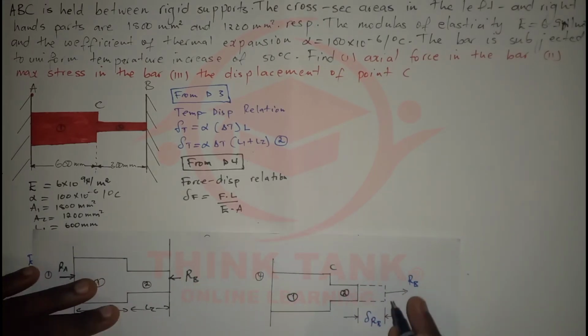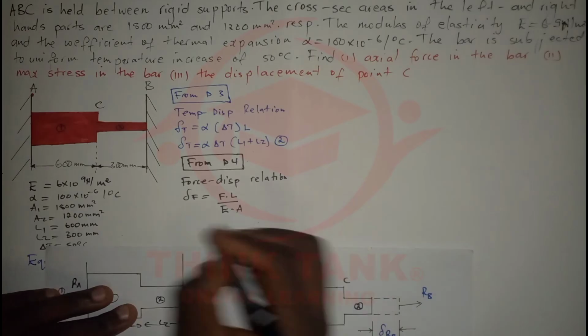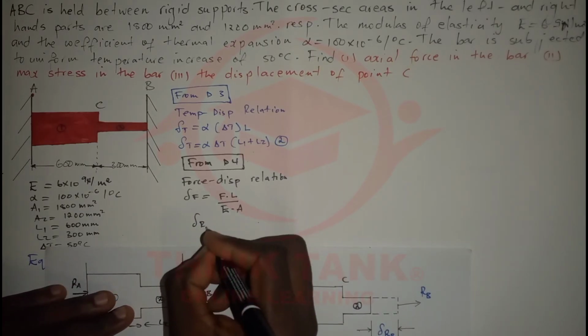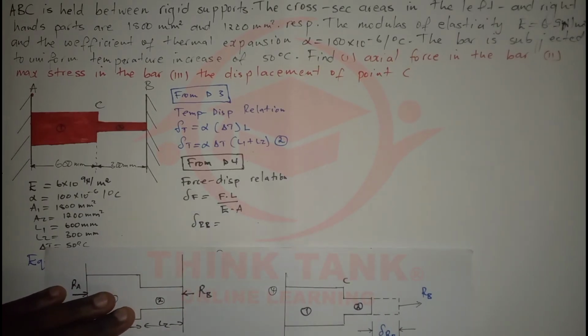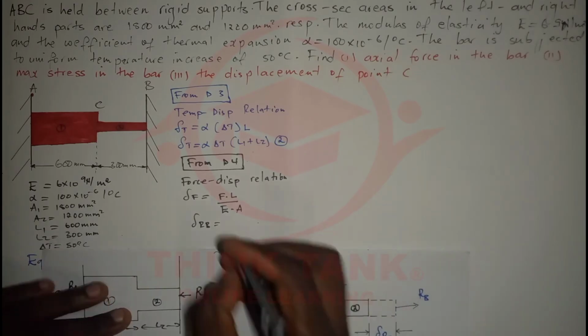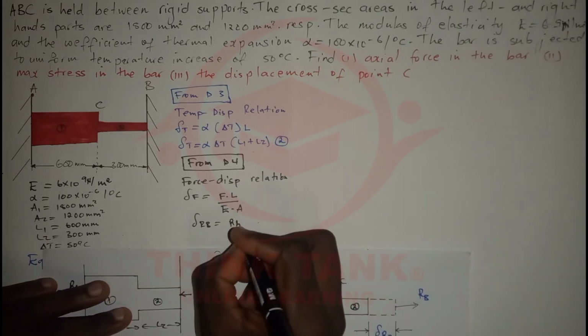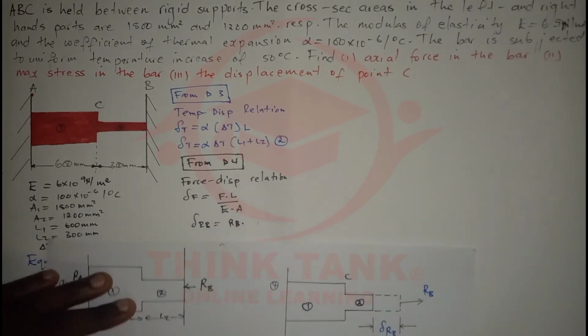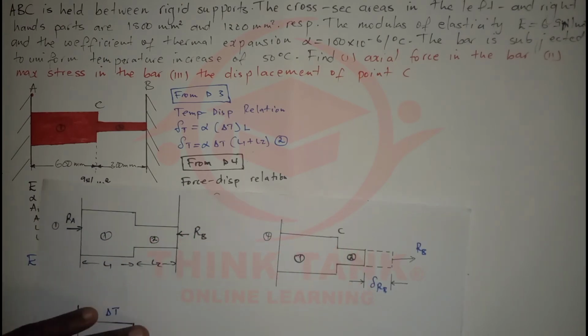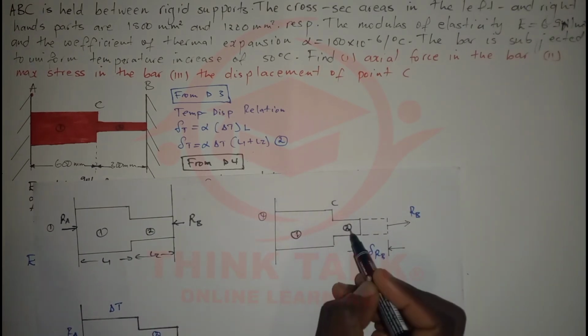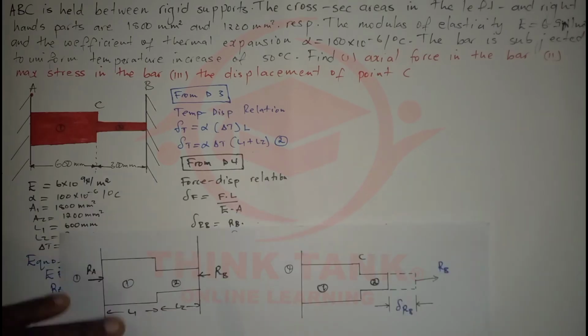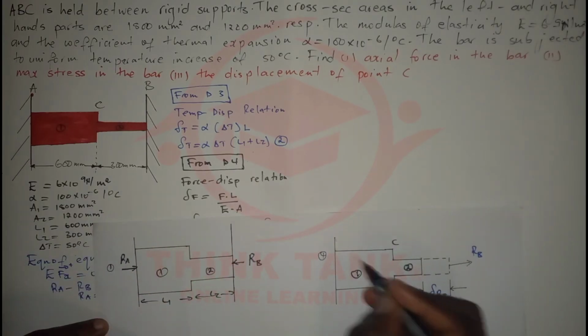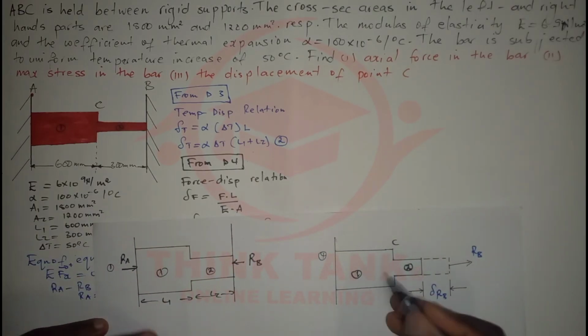Okay, so from here, what is our force? We can agree that our force here is the redundant, which is RB. So I'm going to write the change of length due to RB is going to be F, the force, which is RB, times the length. Remember we have part 1 and part 2. So I'm going to first start by writing the change of length of the first part.